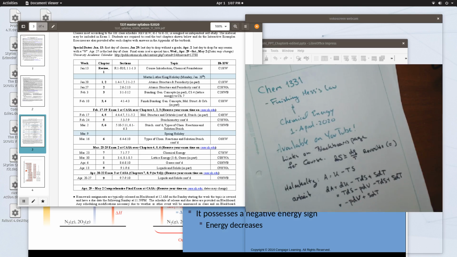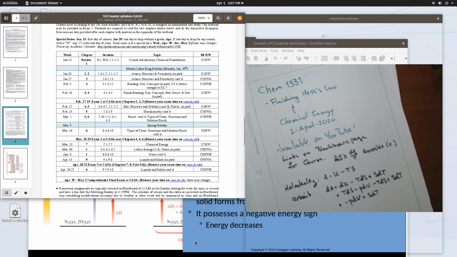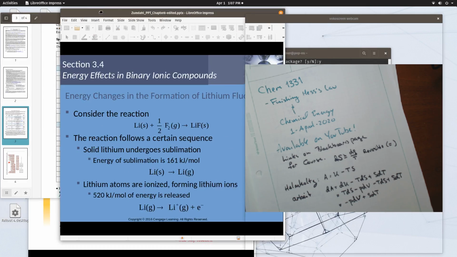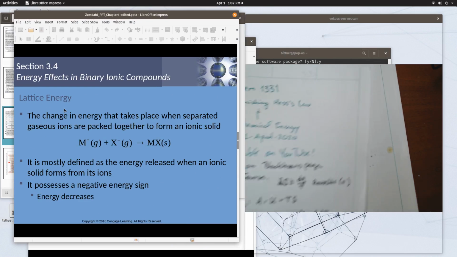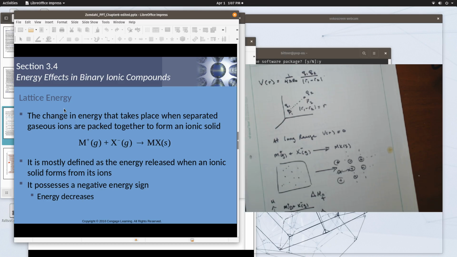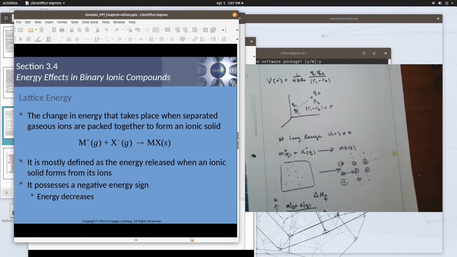So let me pull up our slides. What we want to talk about today is to go back and look at the concept of lattice energy. Now I sketched out beforehand some things to think about with lattice energy. Again, looking at this from a chemical reaction, from a thermodynamic viewpoint, the only thing that matters is the initial state and the final state and their composition.